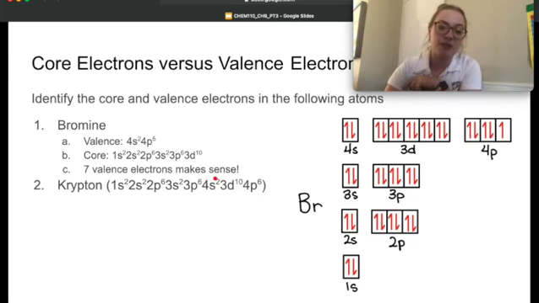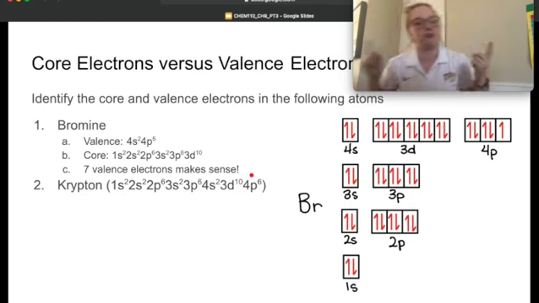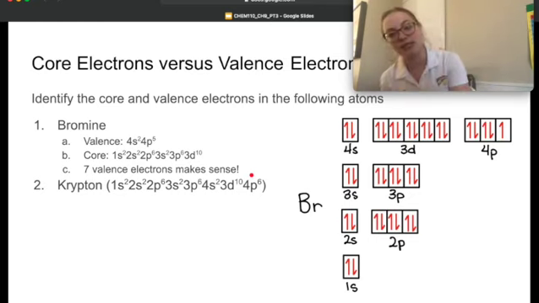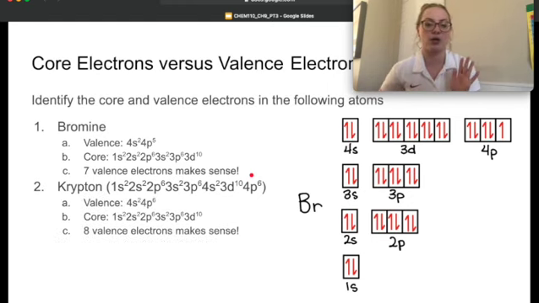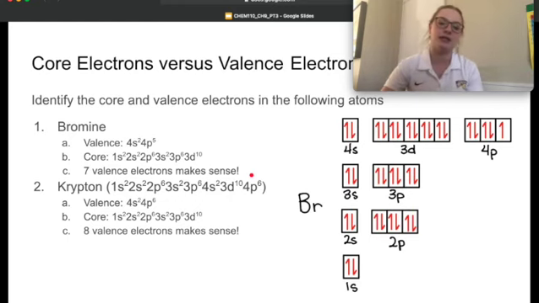That tells me that the 4s2 and the 4p6 are going to be my valence electrons. 1s2, 2s2, 2p6, 3s2, 3p6, and 3d10 are going to be our core electrons. And if I asked you how many valence electrons there were, you could tell me that there were 8.